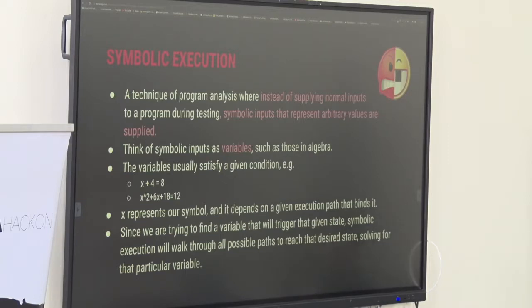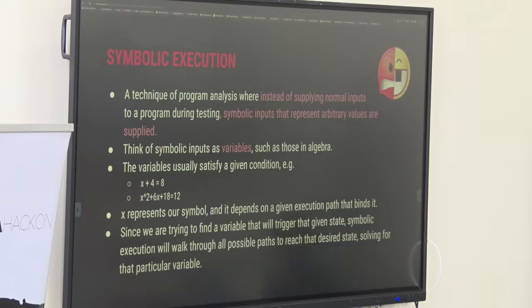But there's another, more efficient method of solving for x. We can rearrange the equation and solve for x. Say something like x equals 8 minus 4, which gives you 4, and we satisfy the equation.